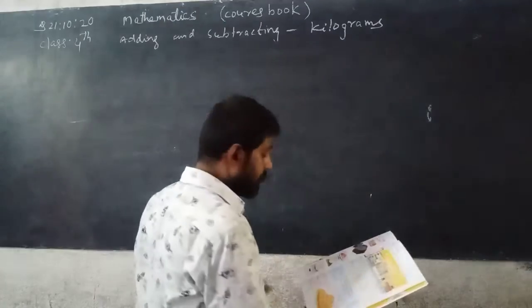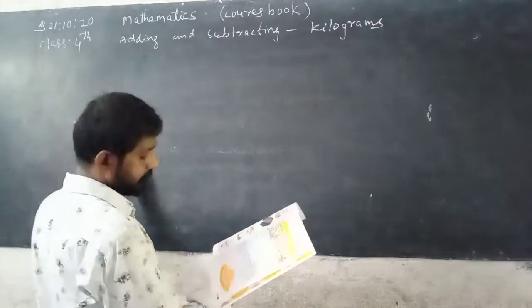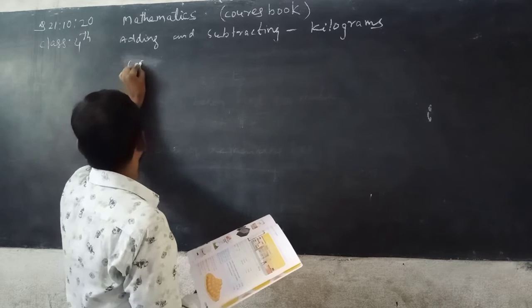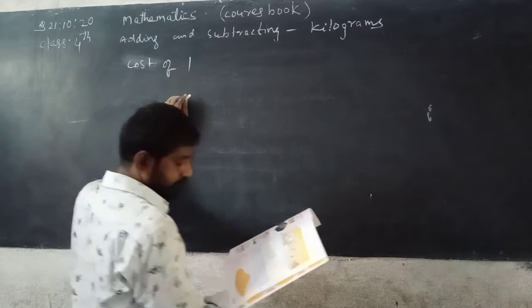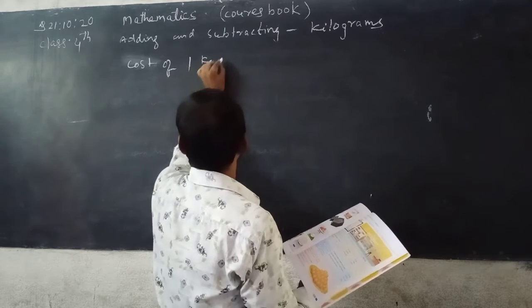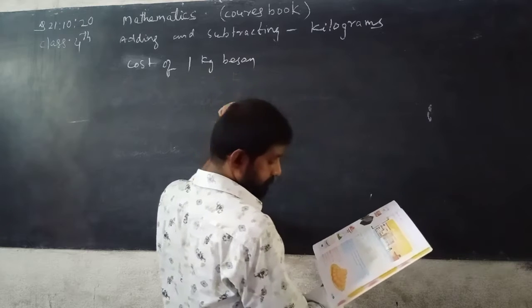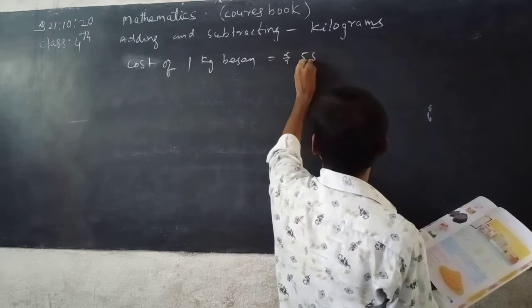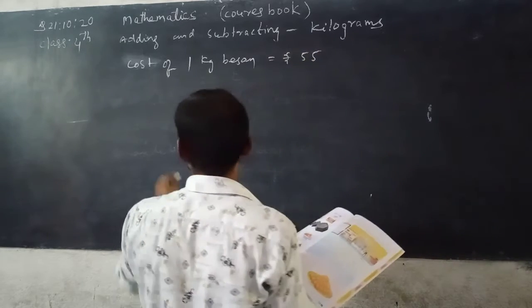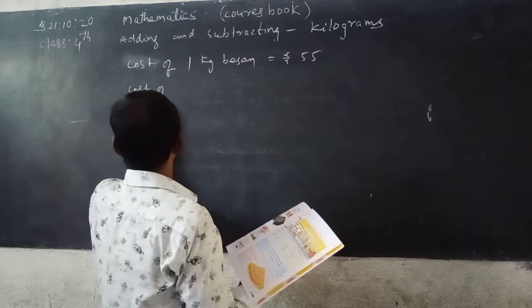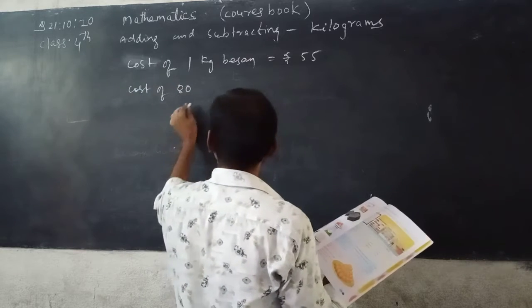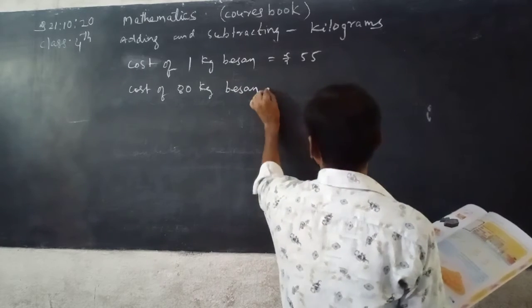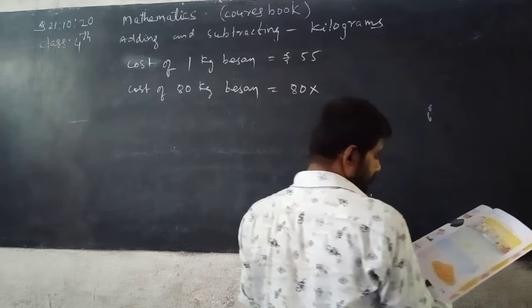See here, listen. Cost of 1 kg besan is equal to 55 rupees. Cost of 80 kg besan is equal to 80 into 55 rupees.